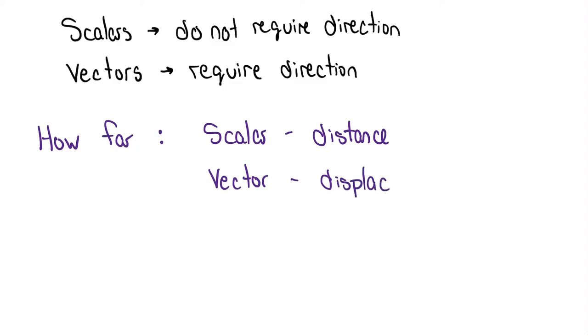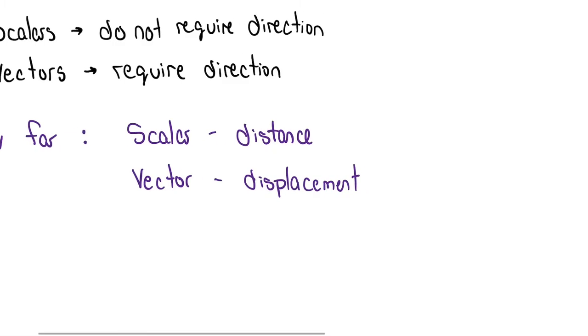It's more if you needed to really define where something was relative to its starting point. We don't use it too often in everyday life. Maybe if you're out hiking, you could say that you hiked and you ended up 12 kilometers north of your starting point. That would nail down your displacement.